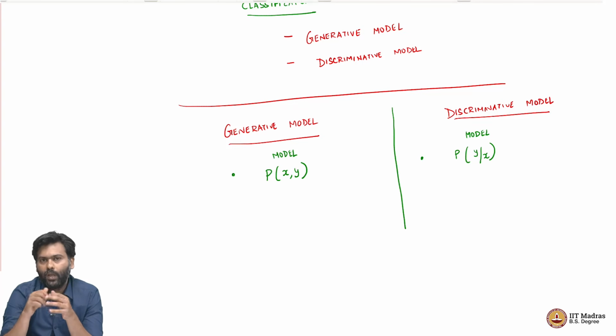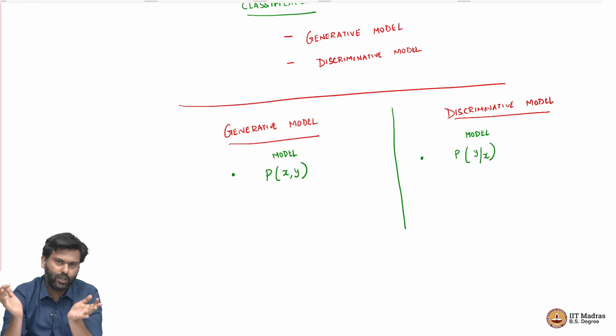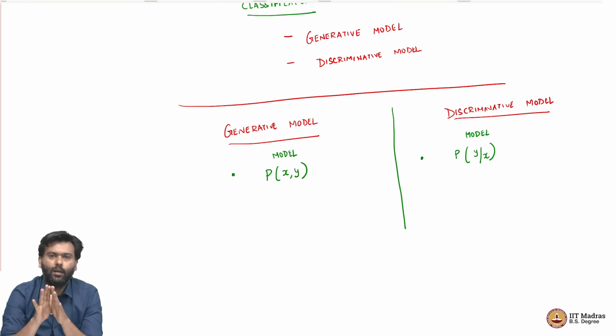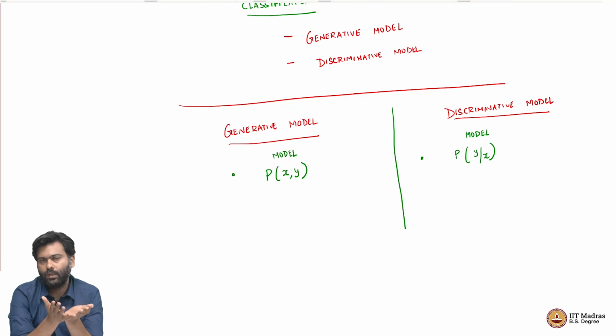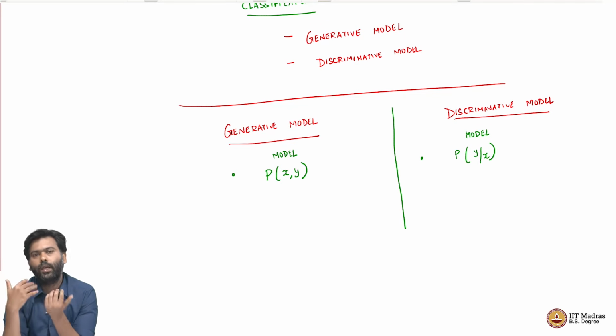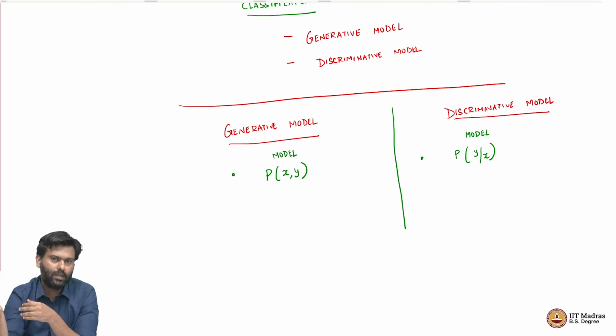On the other hand, if you have no idea how the features are generated, then it may not be a good idea to do generative modeling, because if your model is wrong, then you would be suffering even in the discriminative task. So, if your domain expertise is such that you know exactly how the features could have been generated, then generative modeling is a good idea, otherwise discriminative modeling is a good idea. So, at a high level, this is the takeaway that I want you to think about for now.